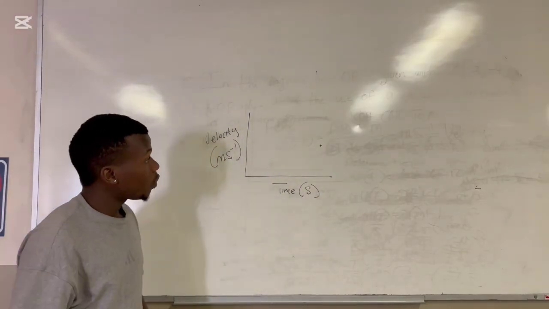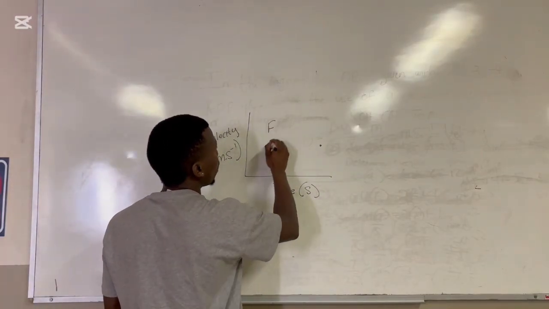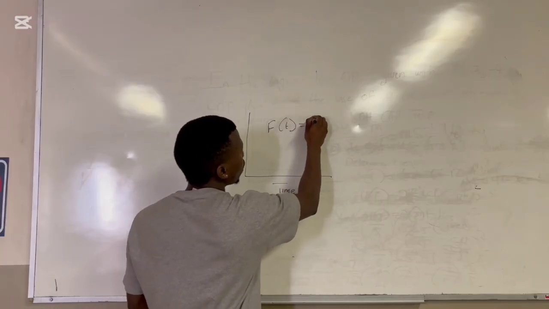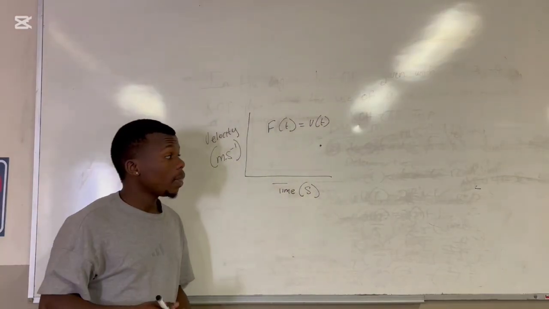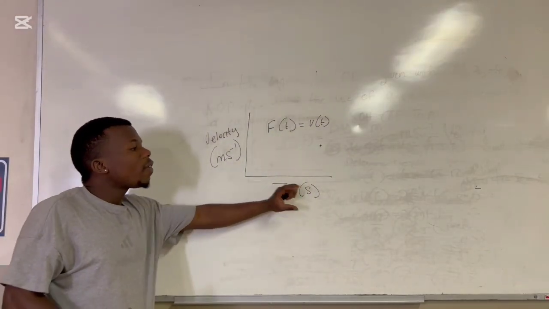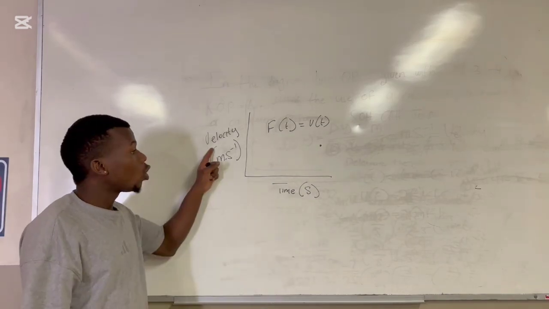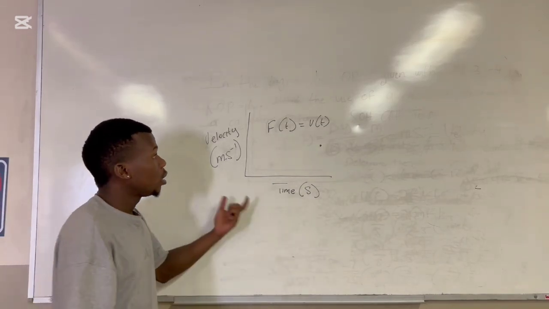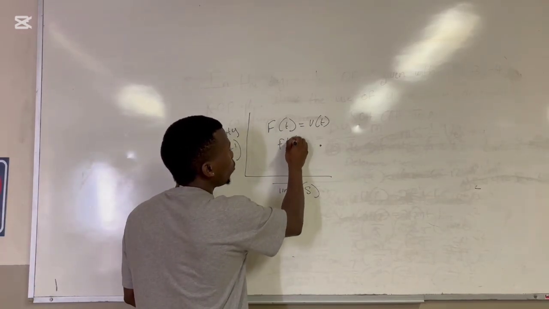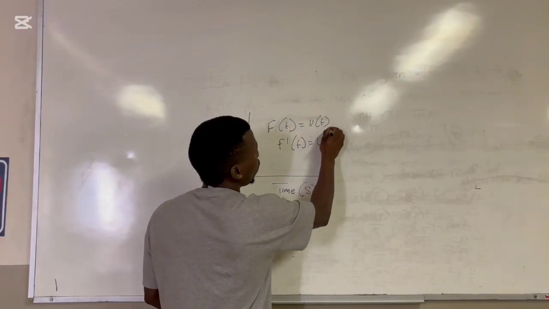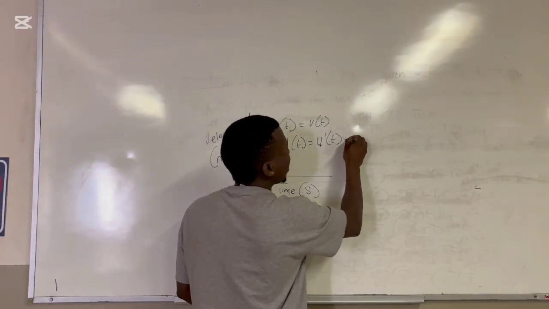Now, remember, the function is given by f of t, or you can say v of t. Now, let's check something. Let's find the gradient or the slope or the rate of change of this function. This will be f prime of t, or you can say v prime of t, is given by what?